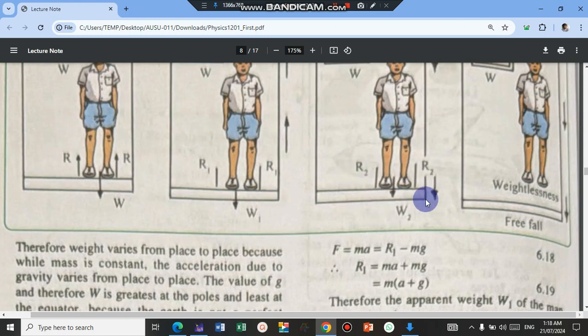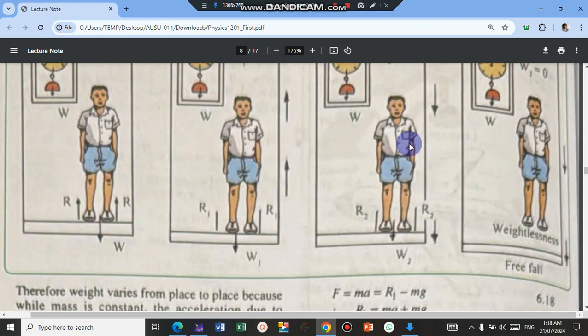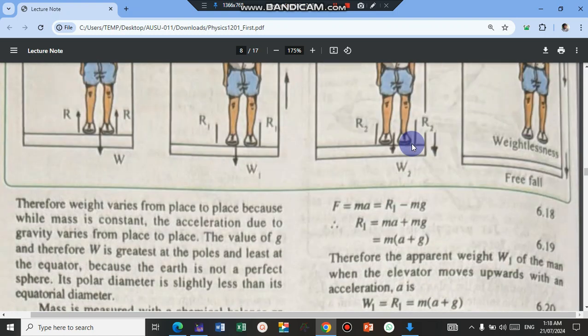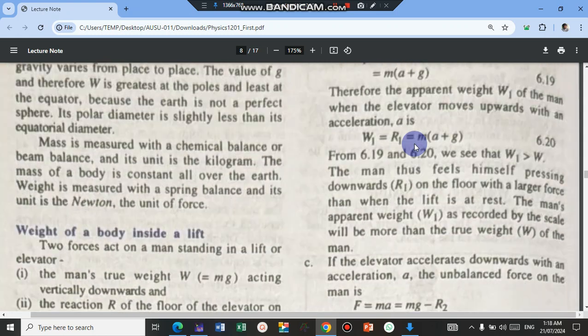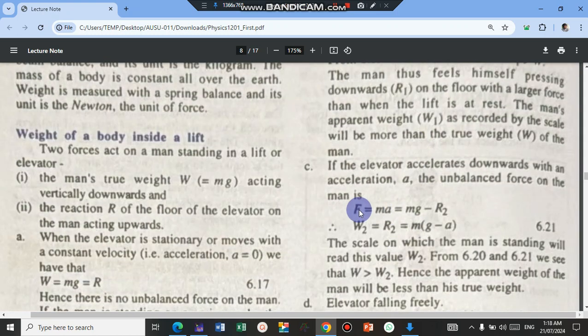So again, there is an unbalanced force here. They do not cancel each other, but the weight is greater than this reaction. So we are going to say weight minus reaction is equal to the unbalanced force, which is equal to ma.